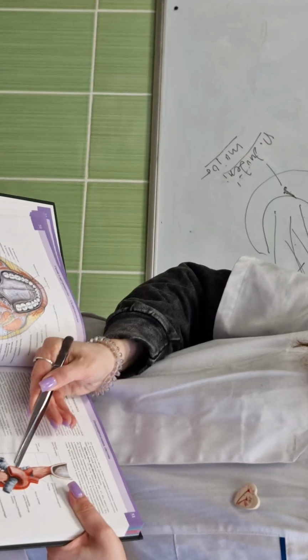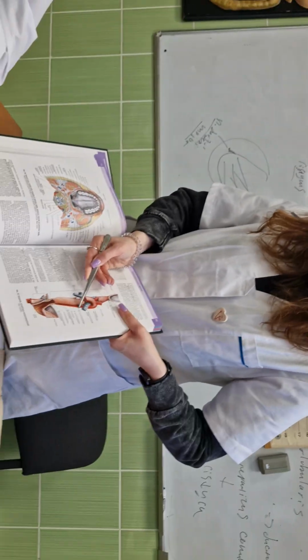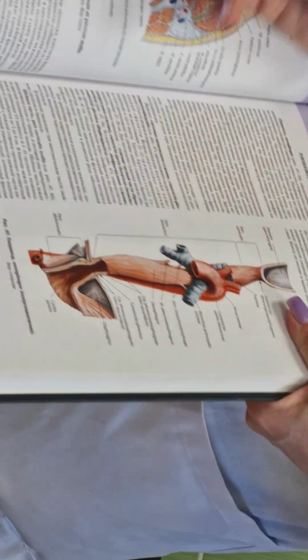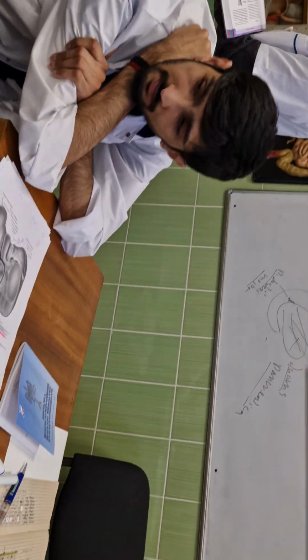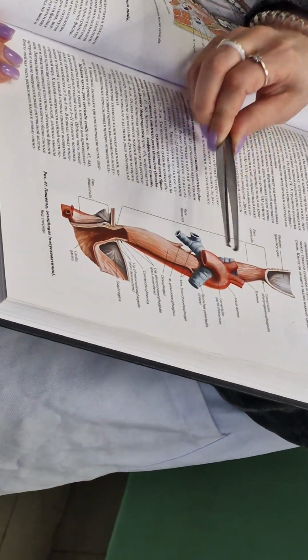I see the arcus aorta, then going down. Arcus aorta is at the level of the 4th thoracic vertebra, the bifurcation at the 5th thoracic vertebra, and our aorta makes a shape like a round snake.